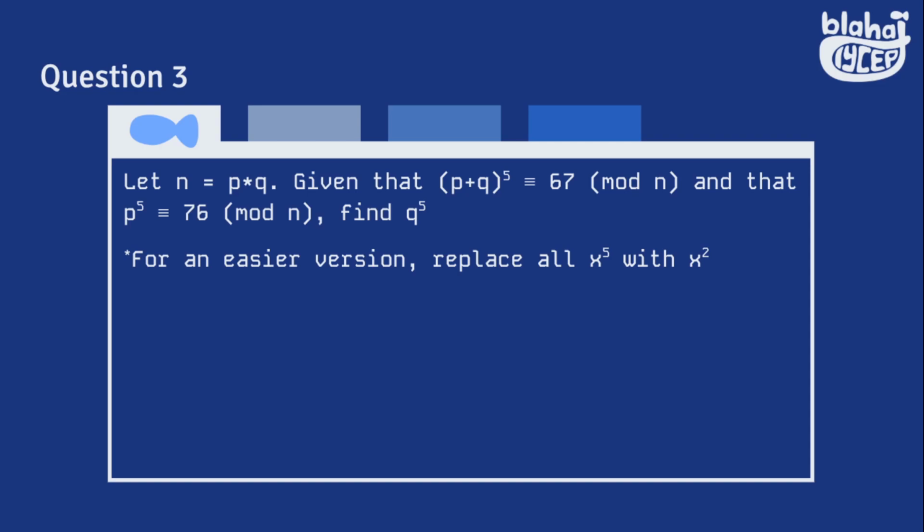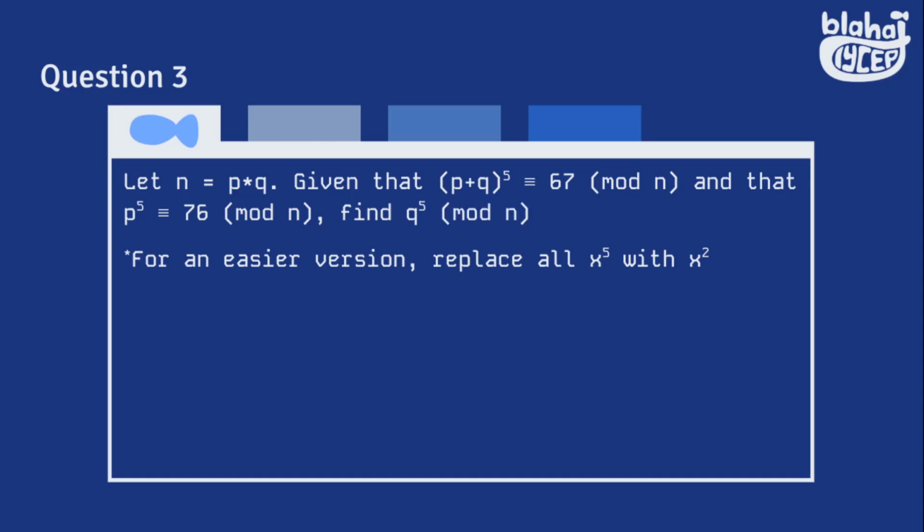So like if it's squared, you do (p plus q) squared equals p squared plus 2pq plus q squared. If you don't know the binomial theorem, it's okay, you can Google it and apply it. The harder version requires the binomial theorem. The easier one doesn't. But we'll give you about 15 minutes for this question because it's the hardest one out of the three. And no worries, if you need help, feel free to raise your hand.